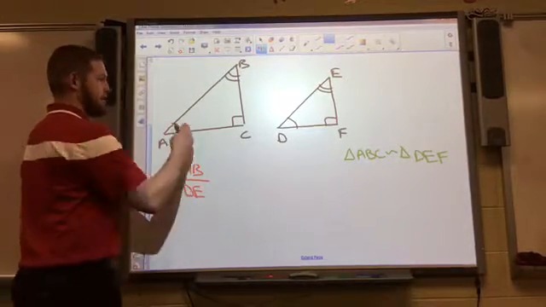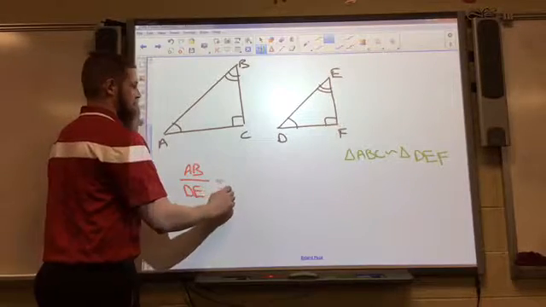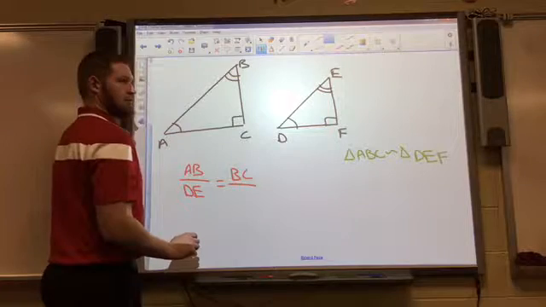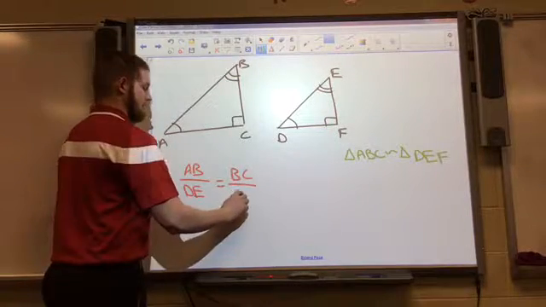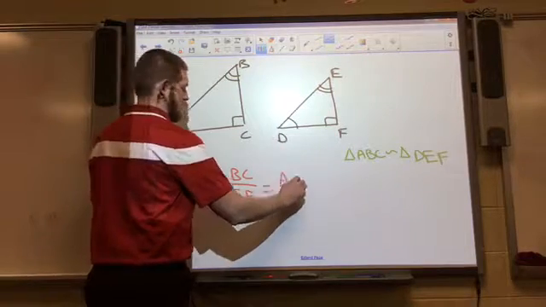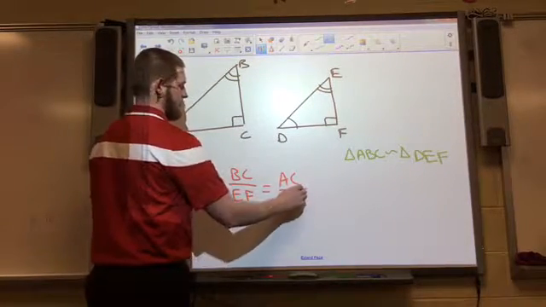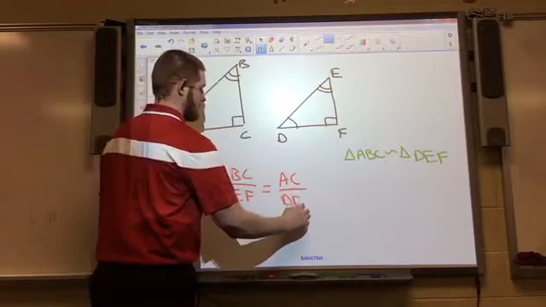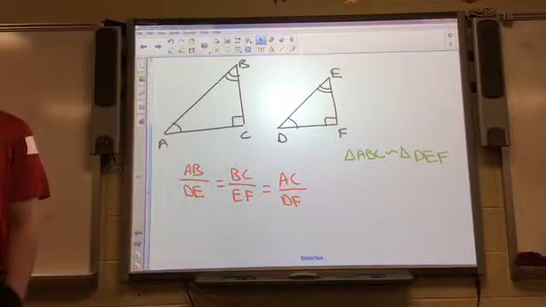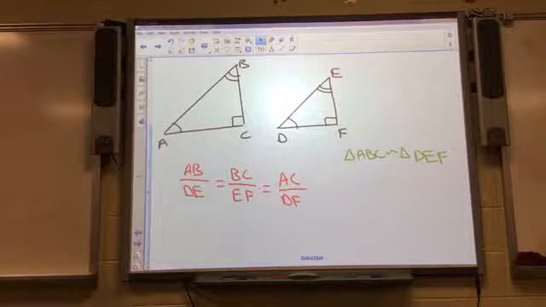Okay, so that ratio has to be equal to BC over EF, which has to be equal to AC over DF. Okay, so all we're doing is we're writing down our ratios and we're setting them all equal to each other. Isn't that what a proportion is? Ratios set equal to each other?